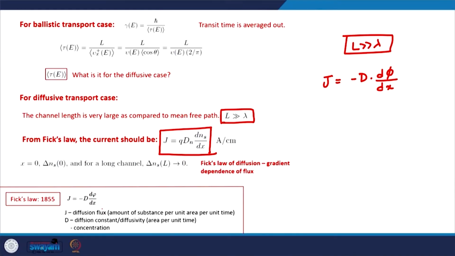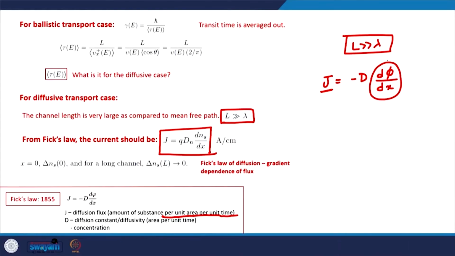This is also the same time when Fick's law was given, and according to Fick's law, the flux is the amount of substance per unit area per unit time. So, this J is the amount of substance per unit area per unit time, the flux of the substance that is flowing from high concentration to the low concentration area, and that is directly proportional to the gradient of the concentration.